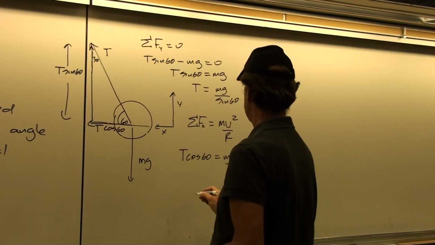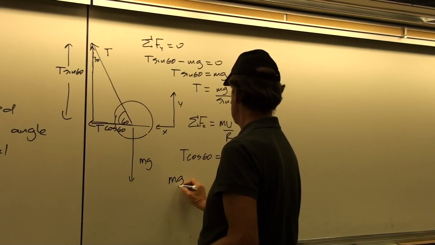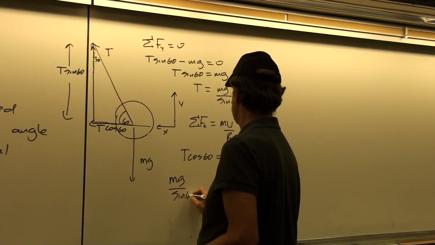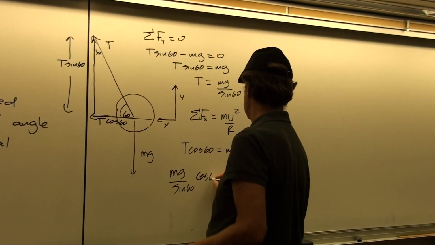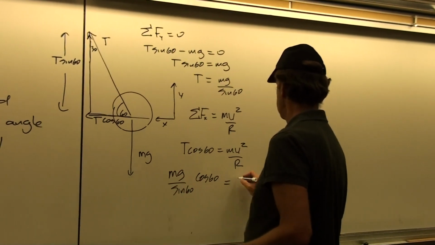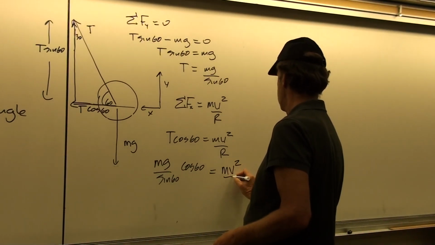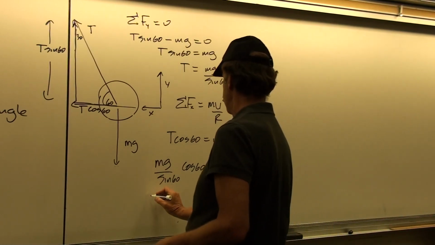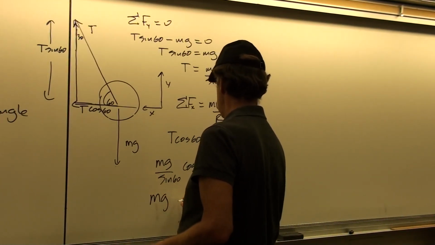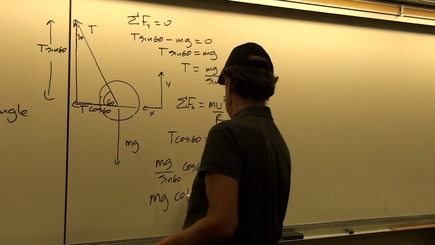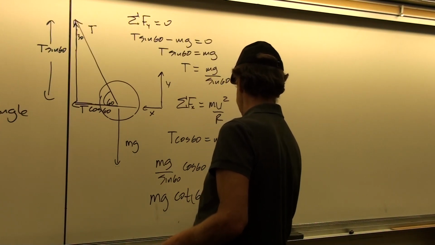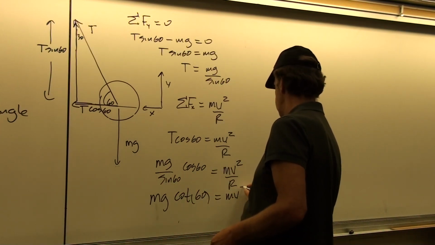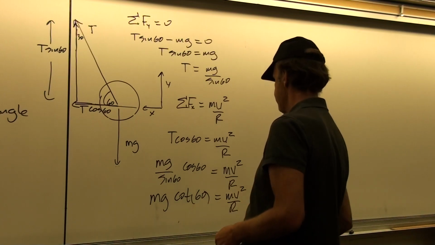So if we write it this way, we've got mg over sine 60 times the cosine of 60 equal to mv squared over r. Or this gives us mg times the cotangent of 60 is equal to mv squared over r.